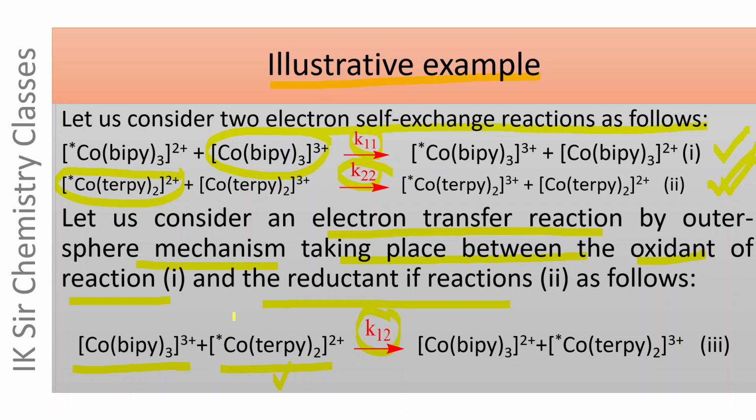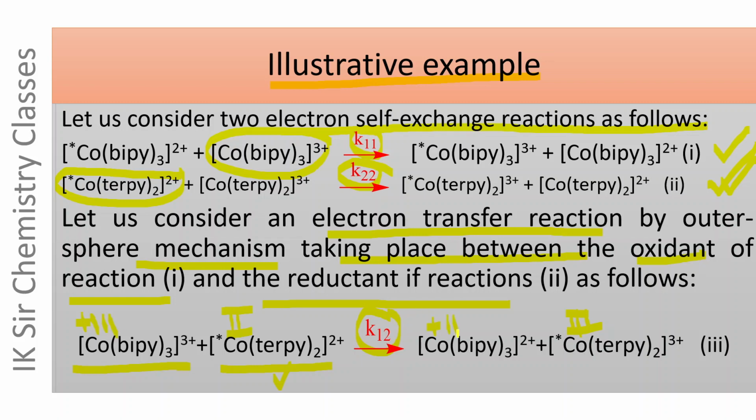Here, this labeled cobalt atom is oxidized from +2 oxidation state to +3, while the oxidant having normal cobalt atom is reduced from +3 oxidation state to +2.